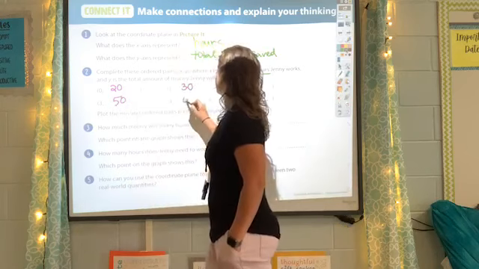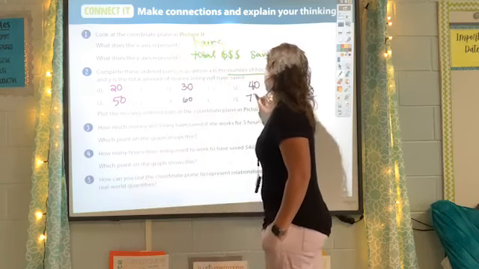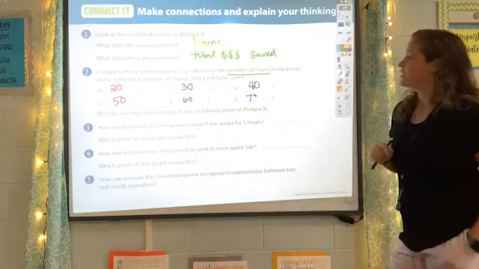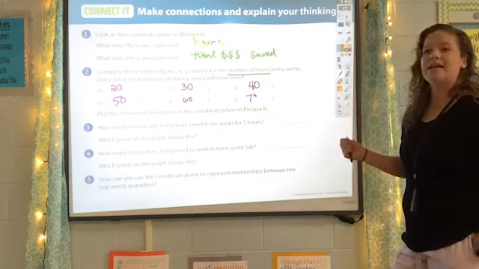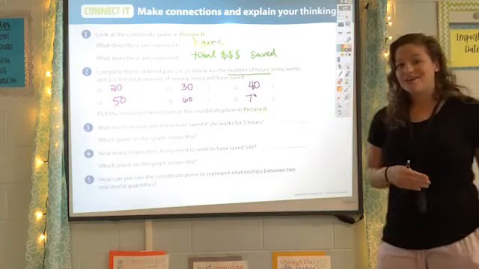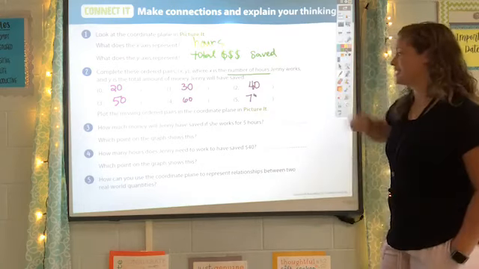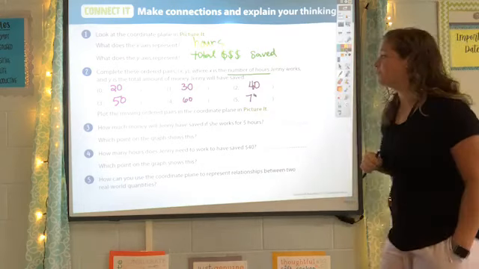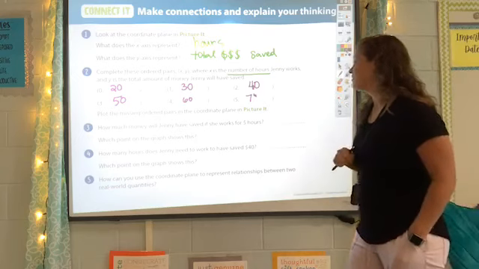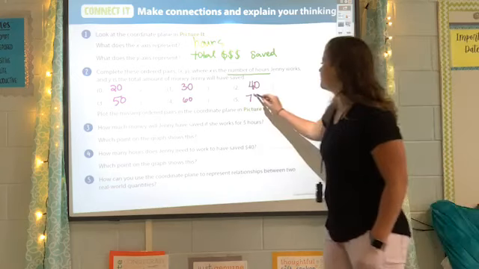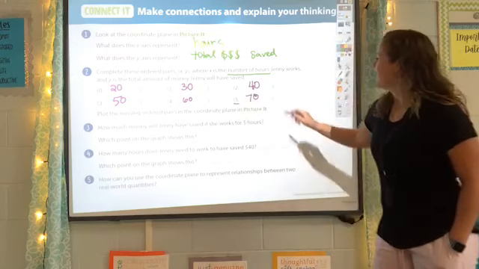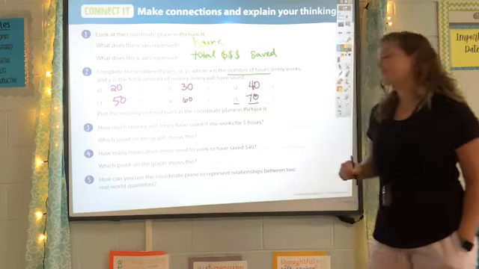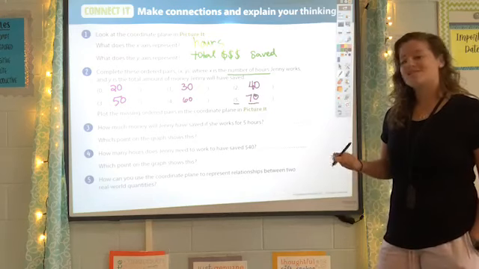All right, now it's saying to plot the ordered pairs in the coordinate plane in the picture. If you did not already do that, go back and plot those, and it should look like a diagonal line. How much money will Jenny have saved if she works 5 hours? If we're looking at this, we know that the x stands for the hours, and the 70, or the y, stands for the total money saved.